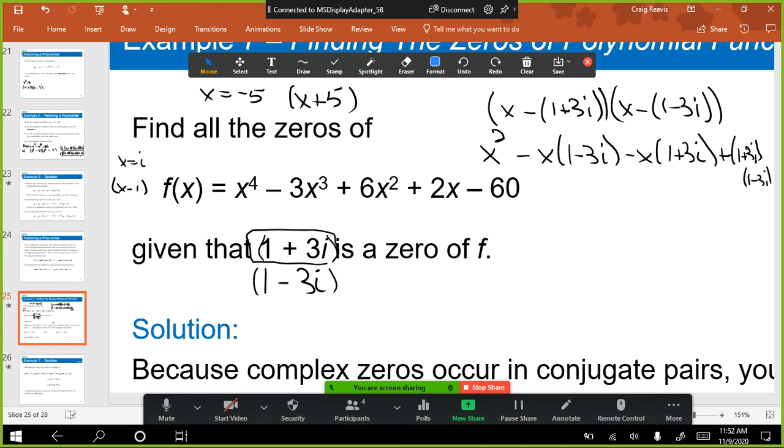All right. So I have x squared. And then I'm going to distribute this. So that's negative x plus 3ix. This is negative x minus 3ix. And then when I multiply conjugates, that's going to be 1 times 1, which is 1, plus 3i, minus 3i, minus 9i squared.